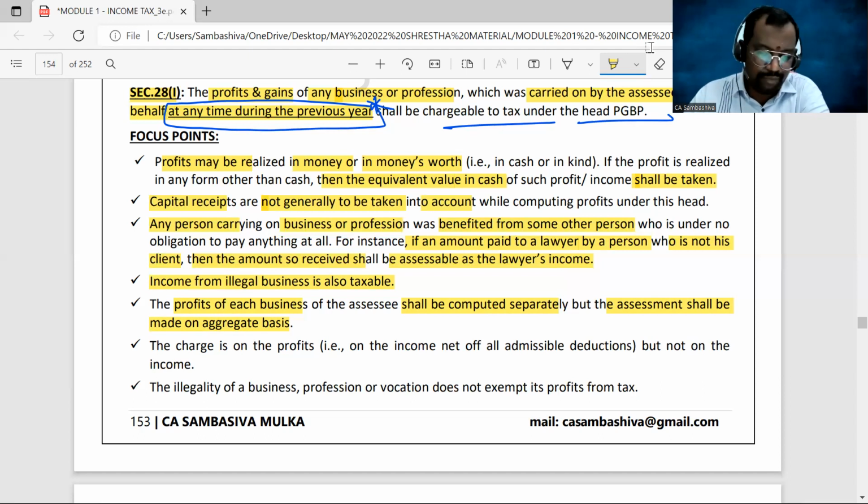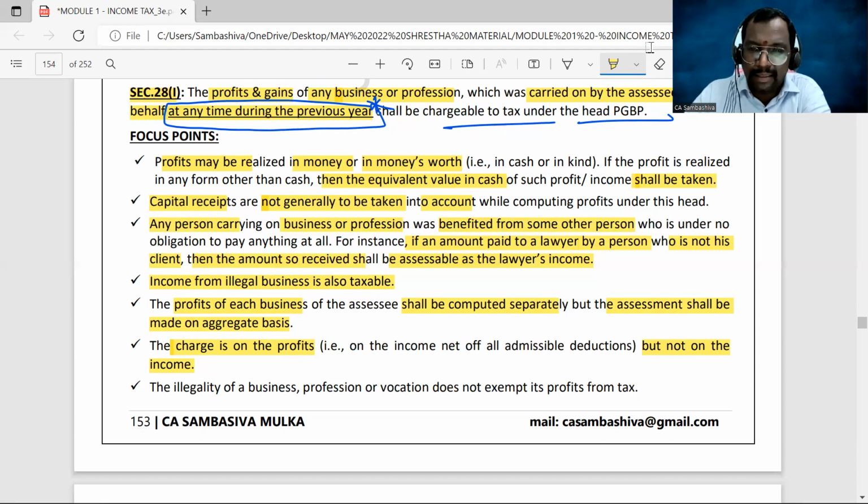Okay, next, the charge is on the profits, that is on the income net of all admissible deductions, but not on income. Right, sir? By doing the business, you have earned an income of 1 lakh. Now, are you going to pay tax on this 1 lakh? No. For earning this income, you might have incurred some expenses. First, claim all those expenses as deduction.